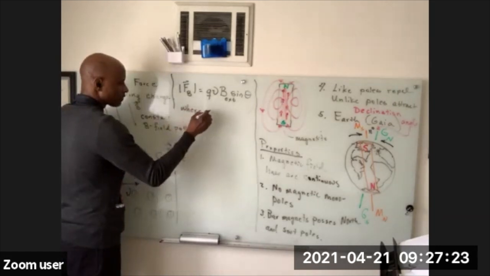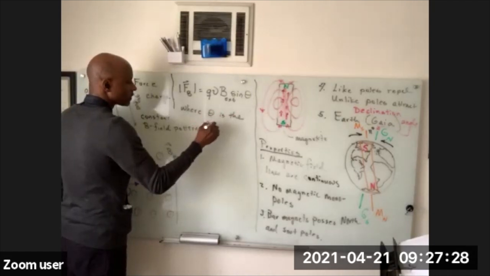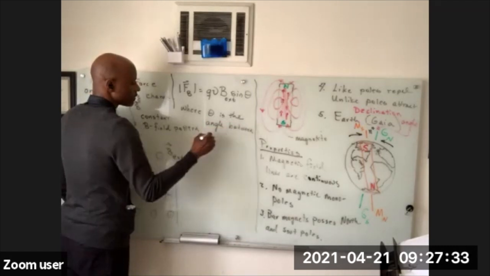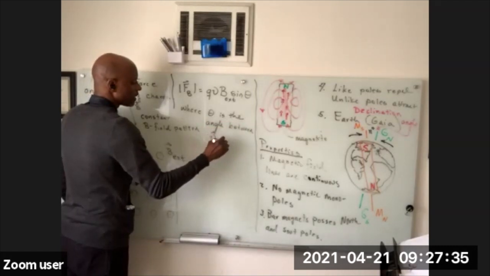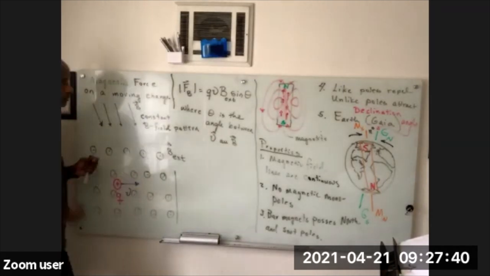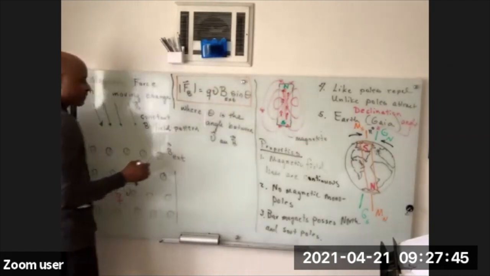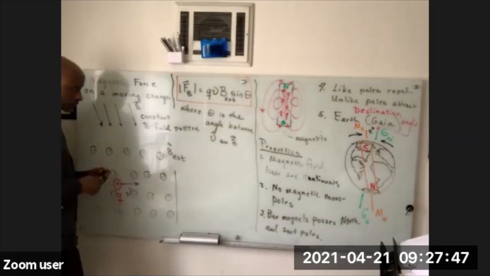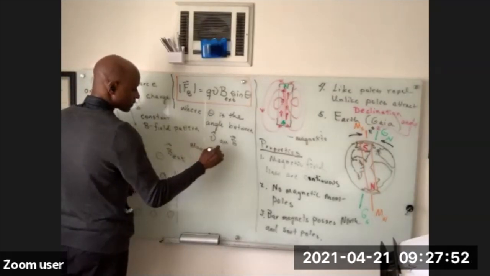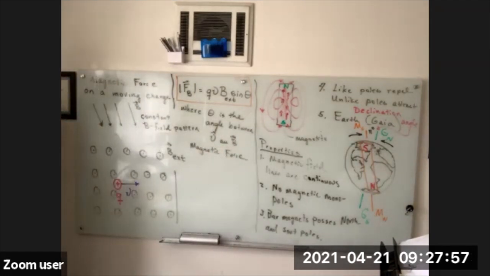So F_B = |q| v B sin(theta), where theta is the angle between V and B. That's it. That's the magnitude of the magnetostatic force, which is what it's called. Or well, I guess magnetic force. All right.